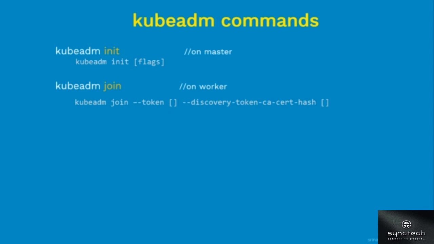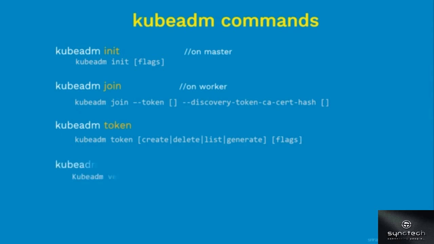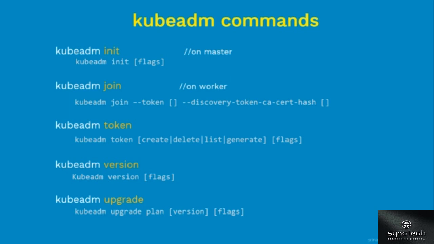There are a few other commands that you might want to be familiar with. At a high level, the kubeadm token command will help you create tokens. Next comes kubeadm version. As its name implies, kubeadm version prints the version of Kubeadm. And the final command in this list is kubeadm upgrade. Kubeadm upgrade is a user-friendly command that wraps complex upgrading logic behind one command.